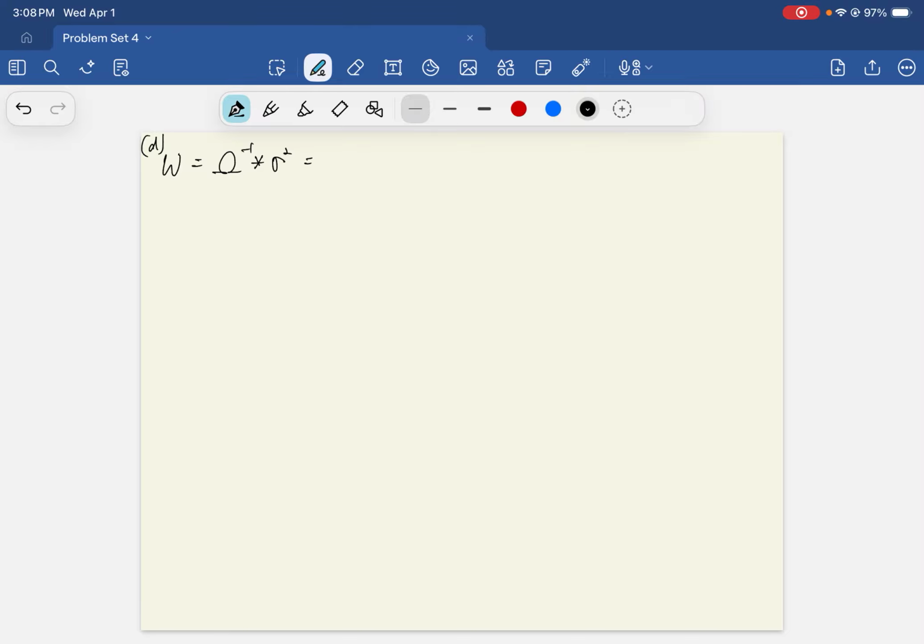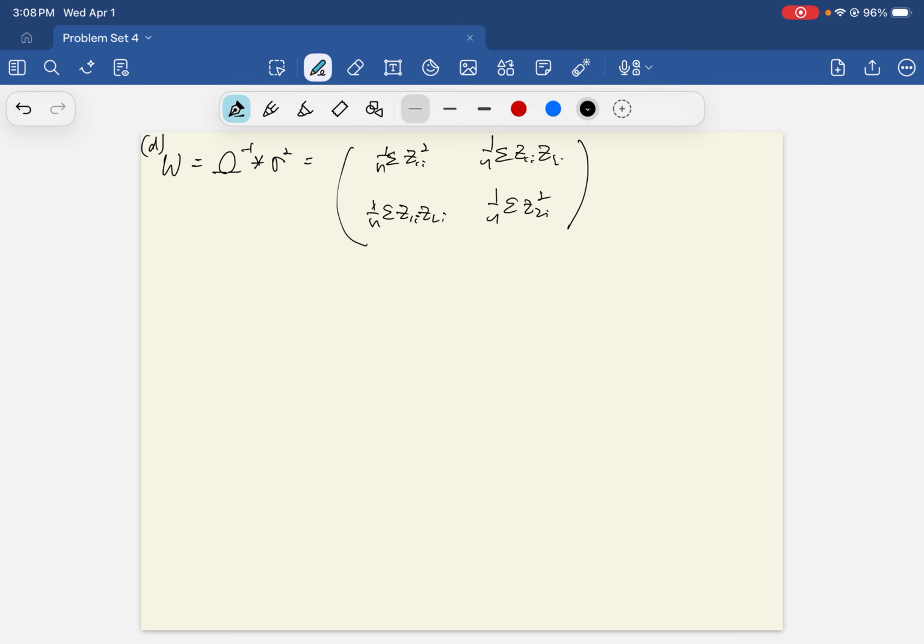We are going to get just 1 over n summation z1i squared, 1 over n summation z1i z2i, 1 over n summation z1i z2i, 1 over n summation z2i squared.